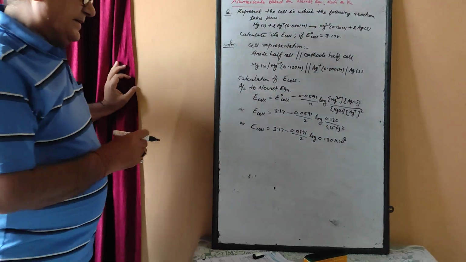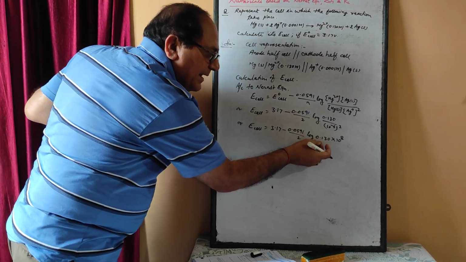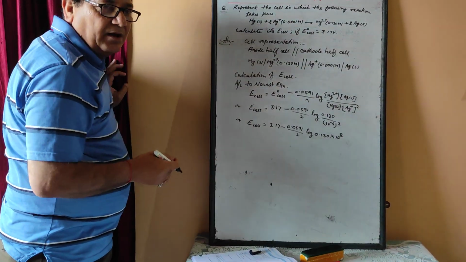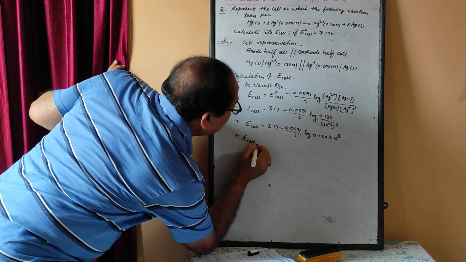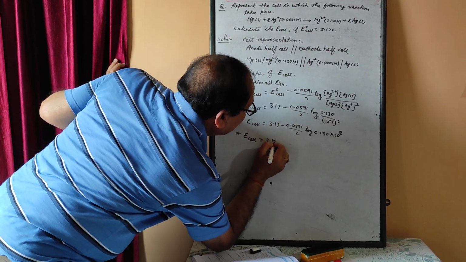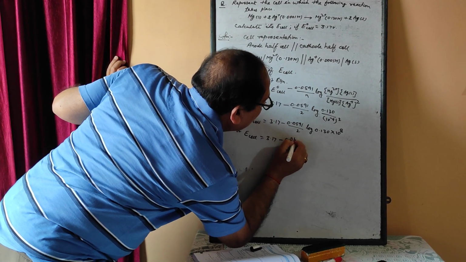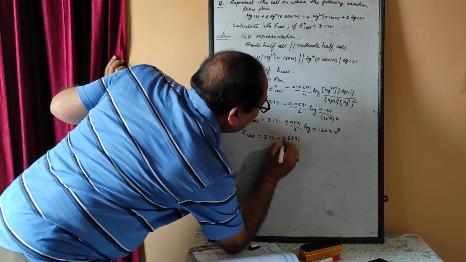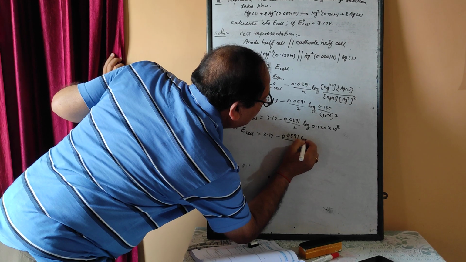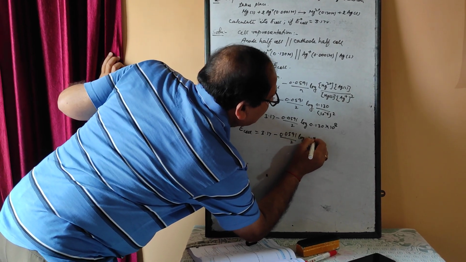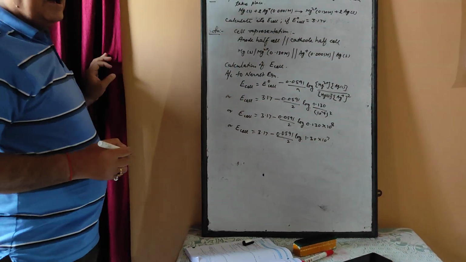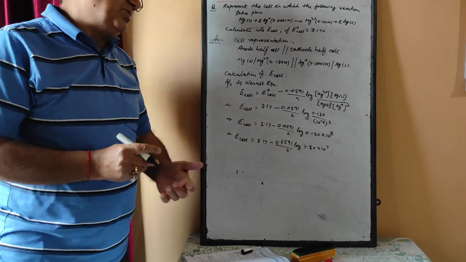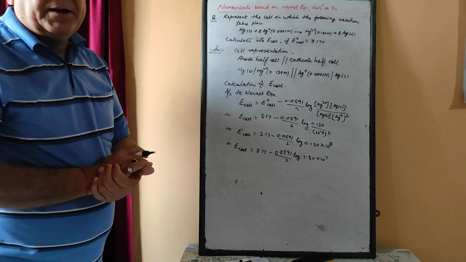For simplicity, you should take one digit before the decimal, so E cell equals 3.17 minus 0.0591 by 2 log 1.30 into 10 to the power 7.